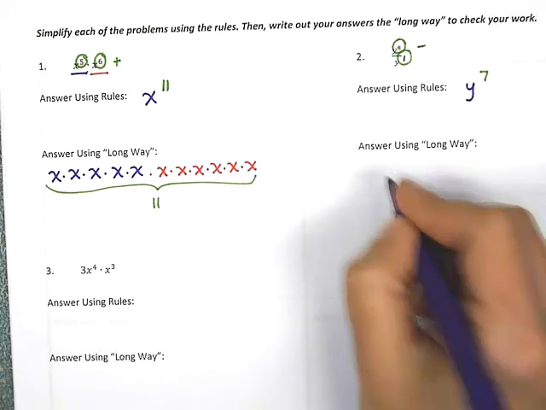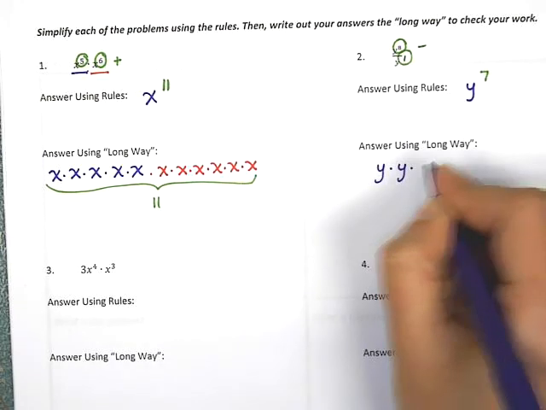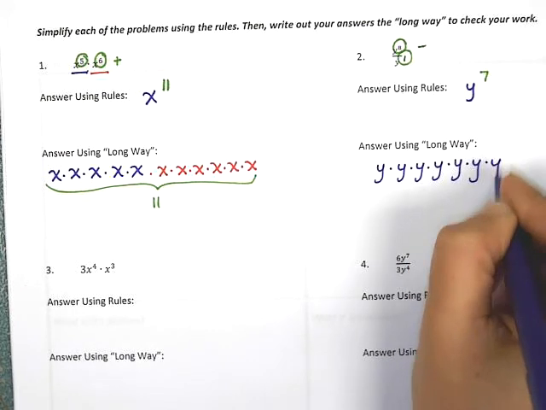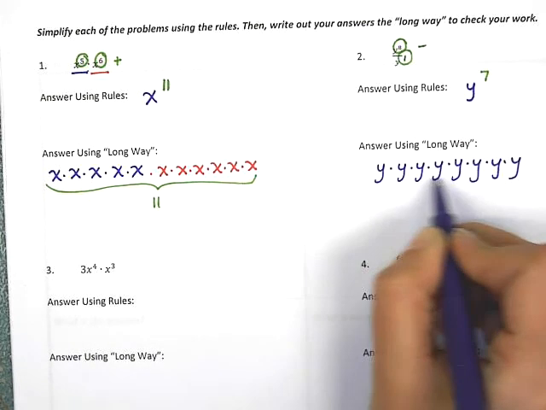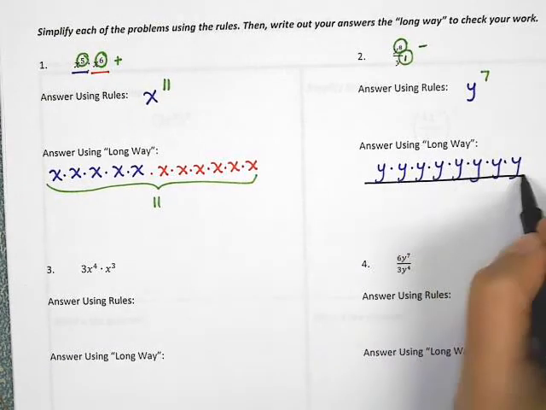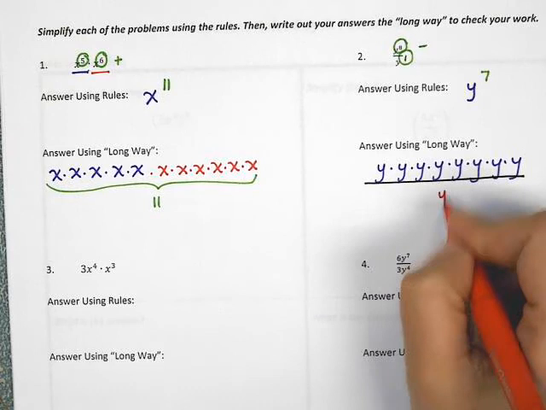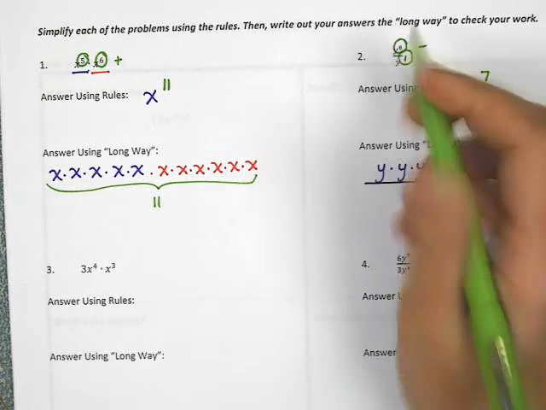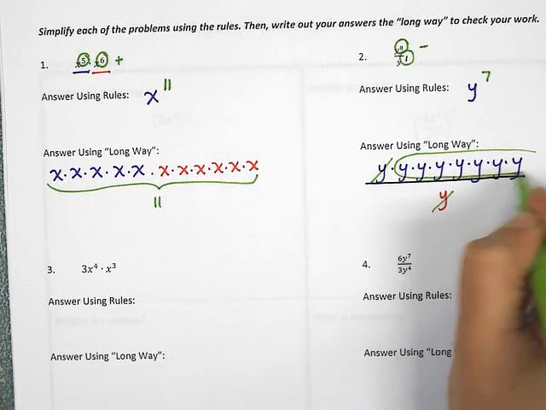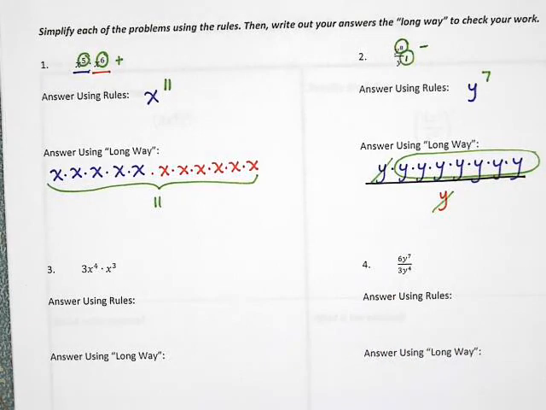We could write out the numerator by writing y times y times y times y, y, y, y, and y. That's 8 y's in a row. And we could write out the denominator by just writing out one y, because there's only one of them, which means one of the y's cancels, so there are only 7 y's left, which is why my exponent is a 7.